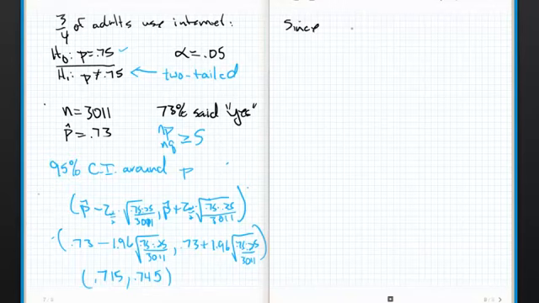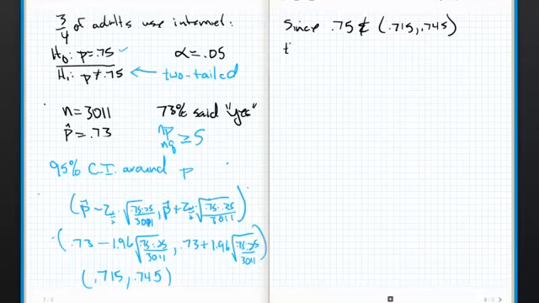Since 0.75 is not, now this is fancy mathematics, since 0.75 is not in the confidence interval from 0.715 to 0.745, now here's where we get into the lawyer speak.